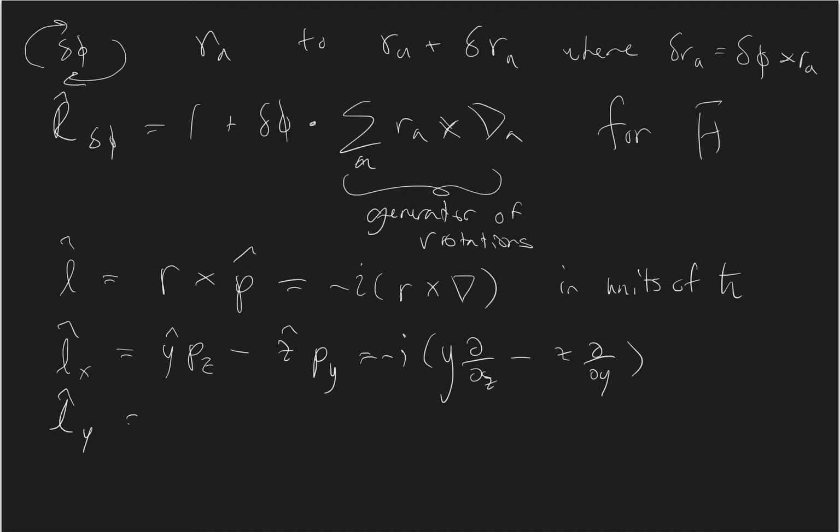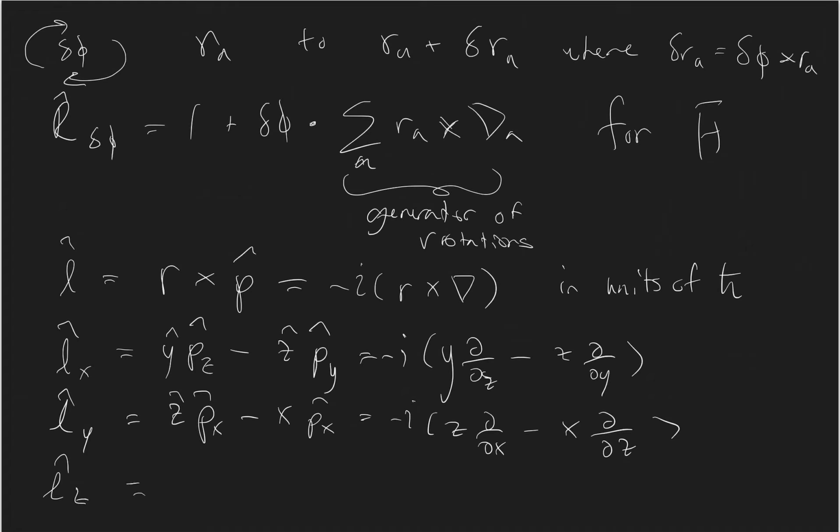And then for the L sub y, it should be z with the px, these are all operators by the way, minus the x with the pz, which then looks like i, and I do recommend writing this all out so you have some practice. Okay, and then the last one would be L sub z, and this should be given as x first, okay?